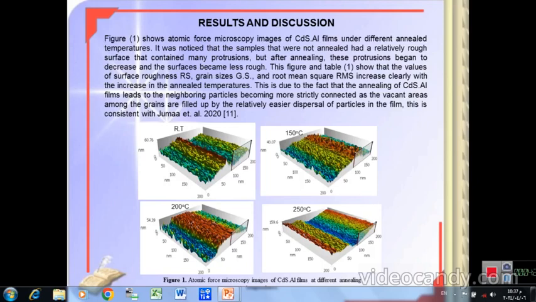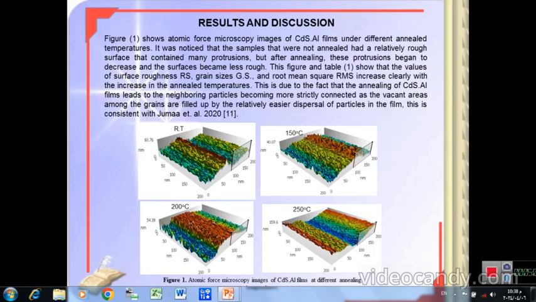It was noticed that the samples that were not annealed had a relatively rough surface that contained many protrusions, but after annealing, these protrusions began to decrease and the surface became less rough.